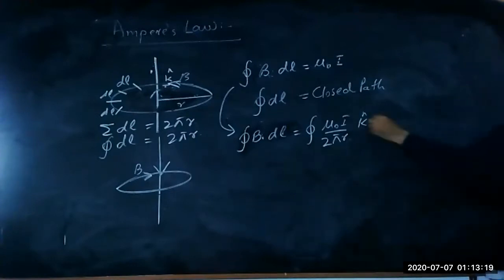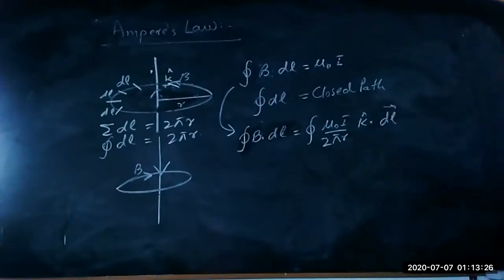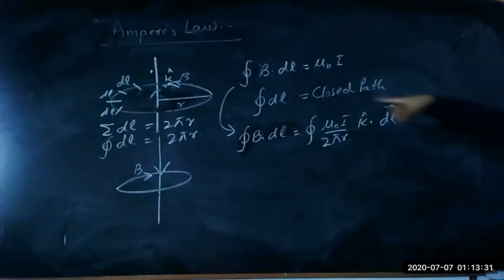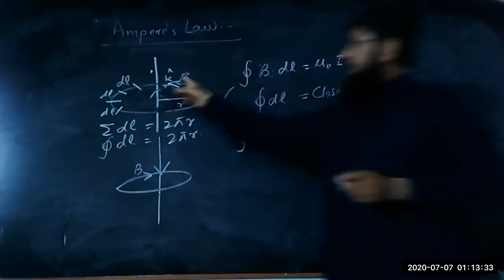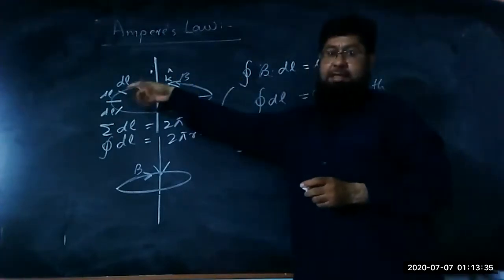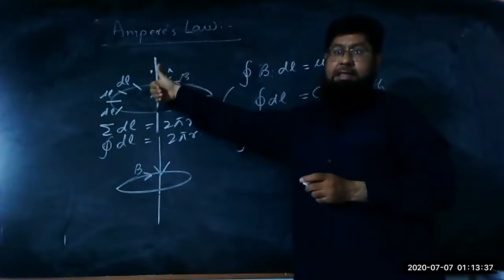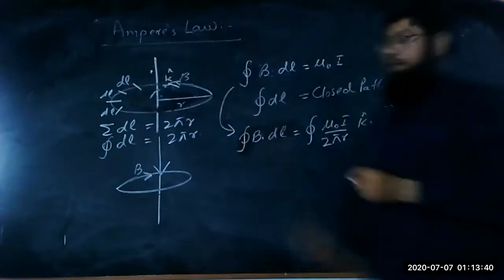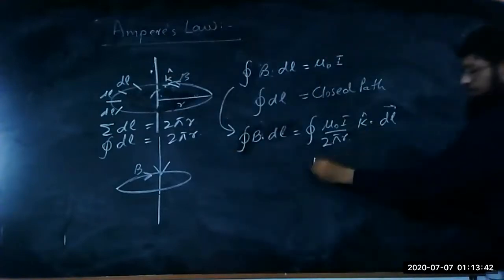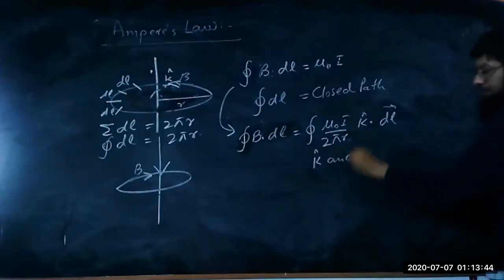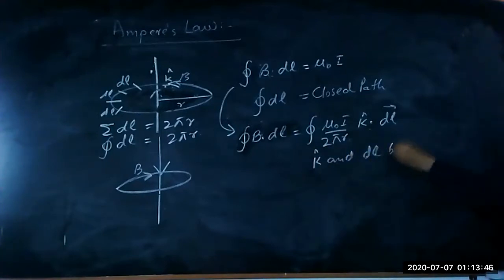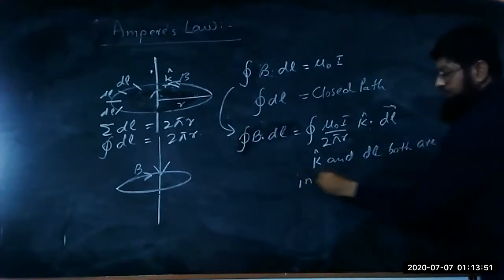So this k dot dl. dl is the length element, which we also call a vector quantity. k is in this direction and dl is in this direction, so k and dl are both along the same direction.